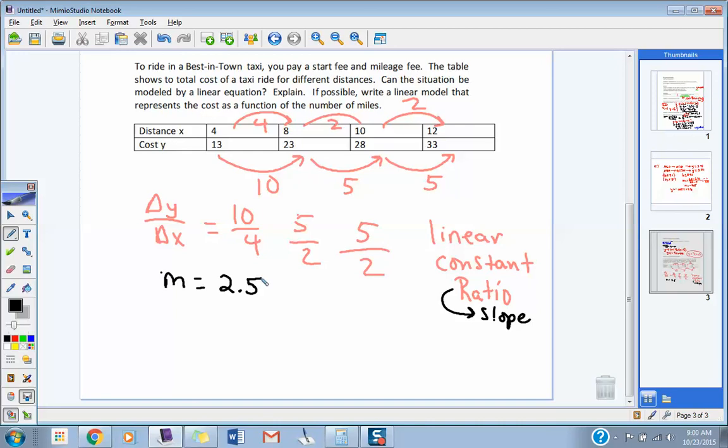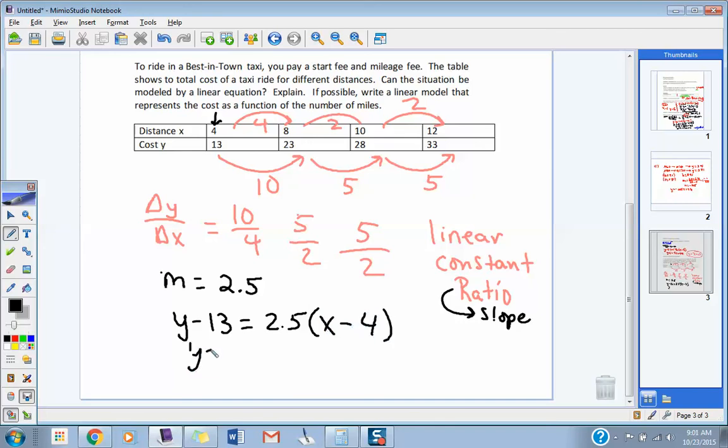Okay, so let's get an equation for this situation. y minus y1. Well, my first point's (4, 13), isn't it? So what's the y1 value I can choose to throw in there? 13, good. That's going to equal my slope of what value? Times the quantity of x minus my x1, which is 4.